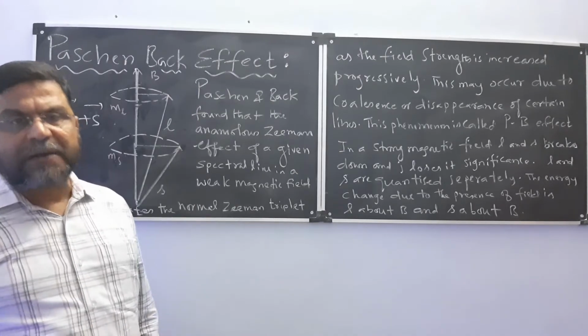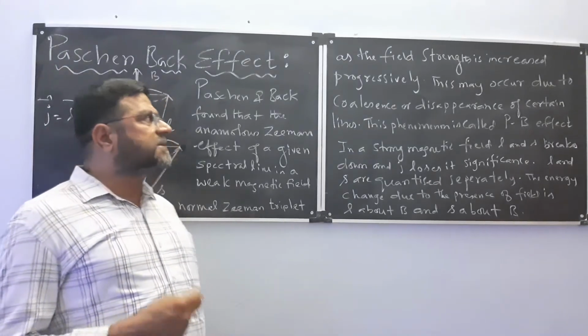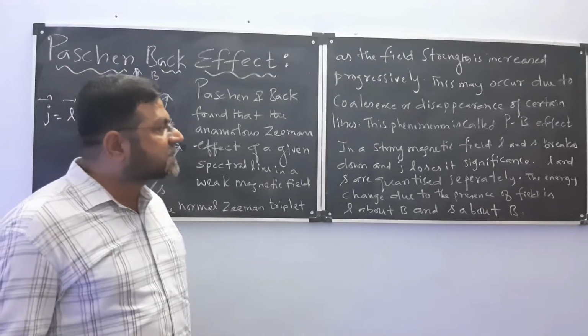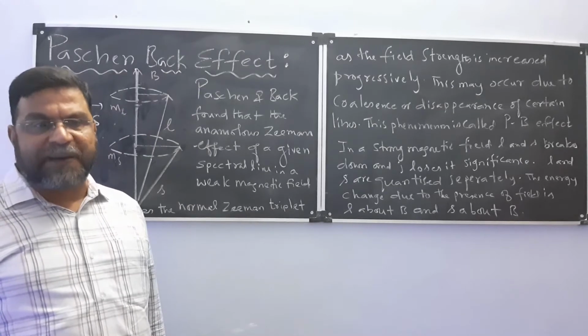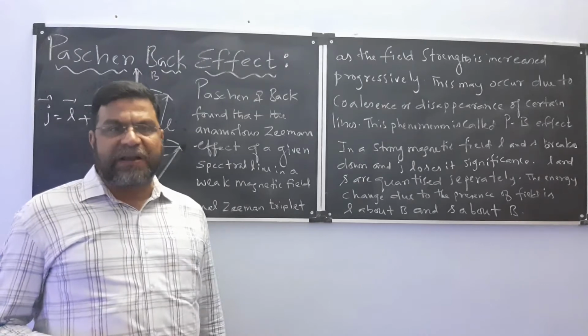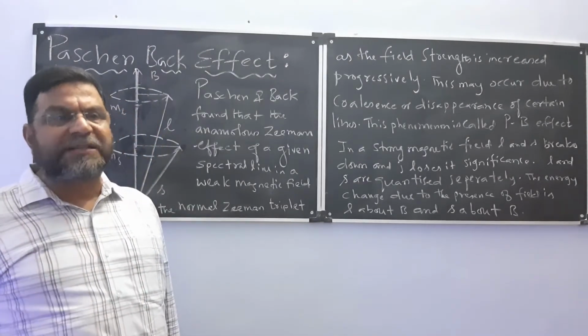Singlet means one line, doublet means two lines, triplet means three lines, quadruplet means four lines. This may occur due to collisions or disappearance of certain lines. When such splitting takes place, there may be either collisions or disappearance. Collisions means one line will coincide with another, or one or two lines may disappear.